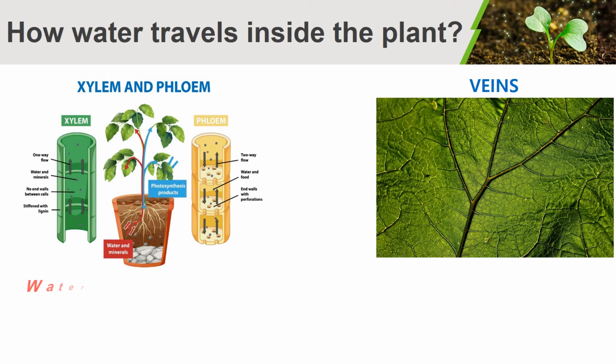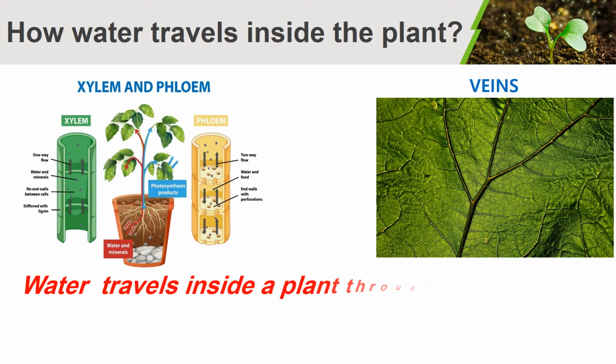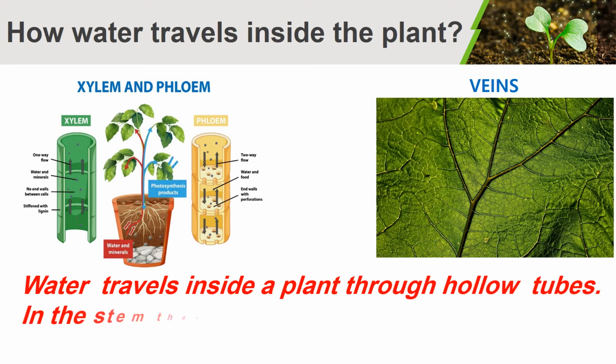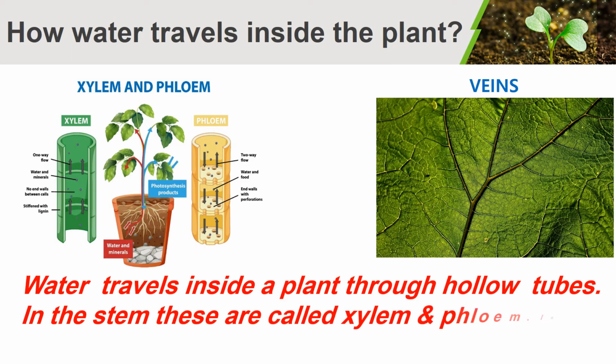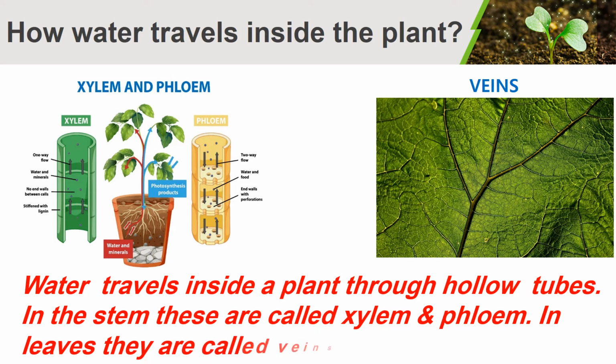How does water travel inside the plant? Water travels inside a plant through hollow tubes. In the stem, these are called xylem and phloem. In leaves, they are called veins.